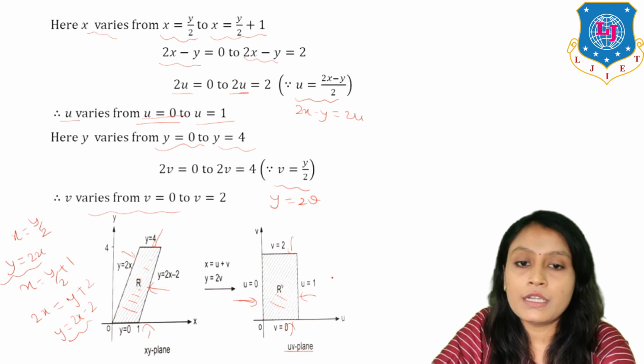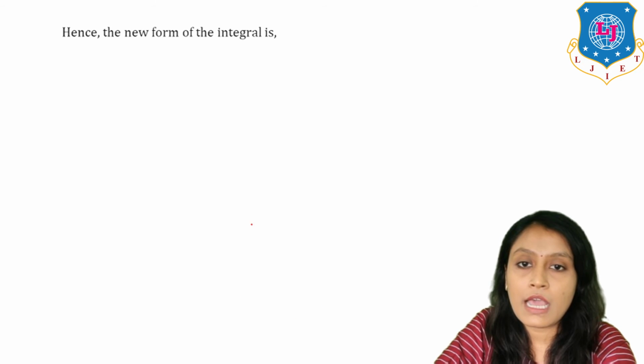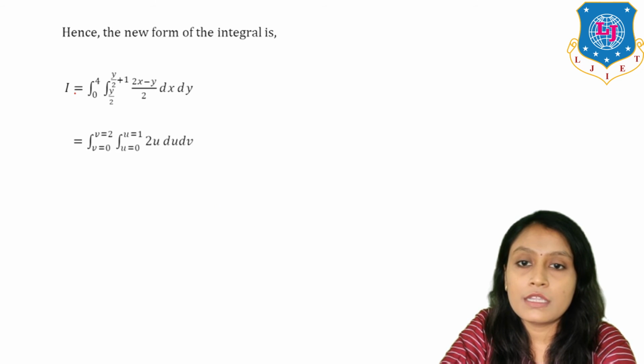Now we will evaluate the integration over this region R dash. So the integration I, from 0 to 4, y by 2 to y by 2 plus 1, of (x minus y) upon 2 dx dy, will change to the integration 0 to 2, 0 to 1, of u du dv.